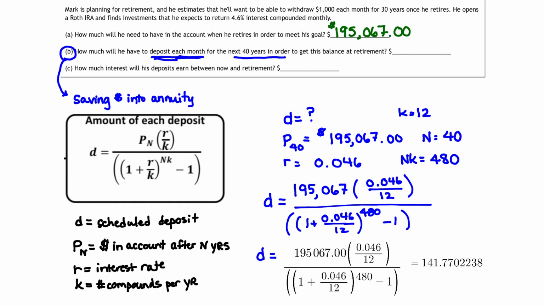Rounding that to the nearest cent tells us that the amount Mark will have to deposit each month for the next 40 years is $141.77. That's our amount right there.